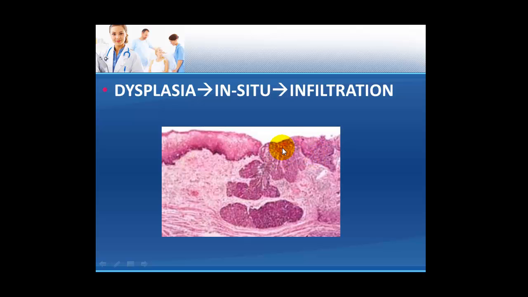We don't care about dysplasia here now, because we have a nest of squamous cells, not glands. We have a nest of squamous cells which have gone all the way down into the submucosa. That means they have invaded. So once they have invaded, we don't have to talk about dysplasia, or carcinoma in situ.